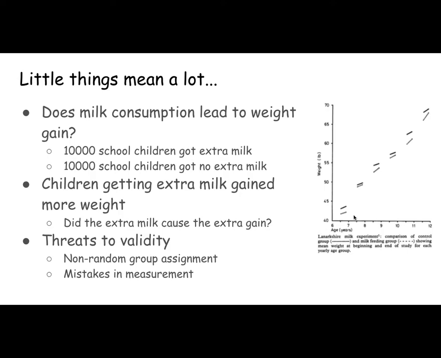And they didn't correct for that in the way that they measured the kids. So they weighed more in the winter than they did in the summer, and that's why these bars were not as steeply sloped as they should have been.